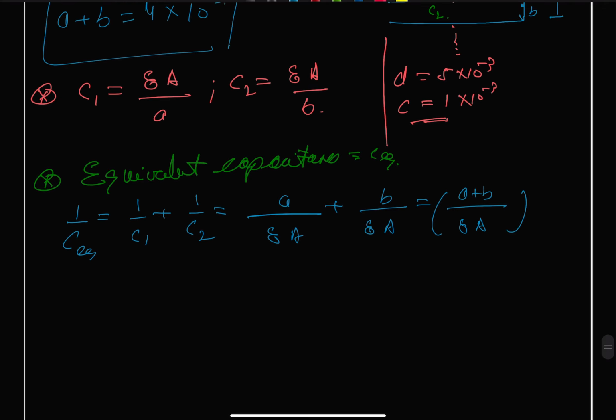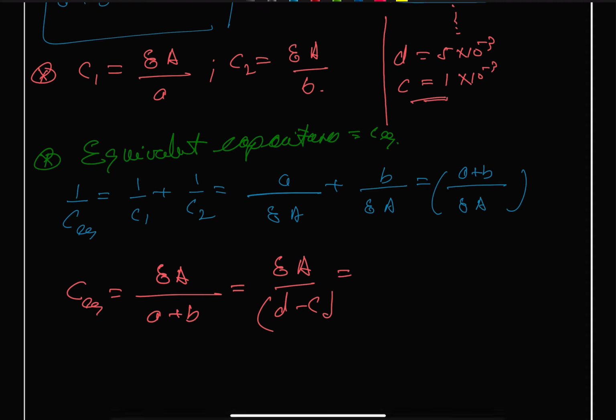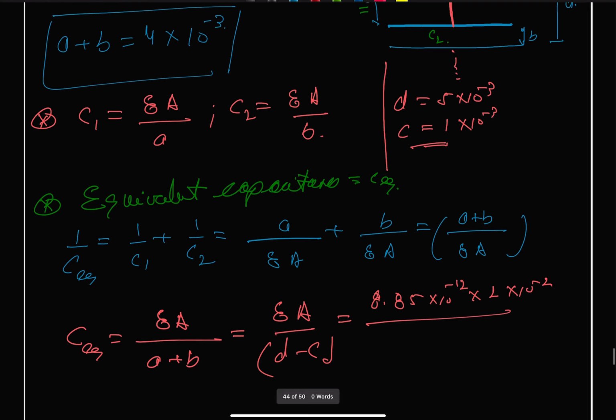Therefore C equivalent is equal to epsilon naught A divided by A plus B, which we can also write as epsilon naught A upon D minus C. These are one and the same thing. We substitute the values: 8.85 into 10 to the power minus 12, into the area, which is 10 to the power minus 2, and A plus B, which we found to be 4 into 10 to the power minus 3.